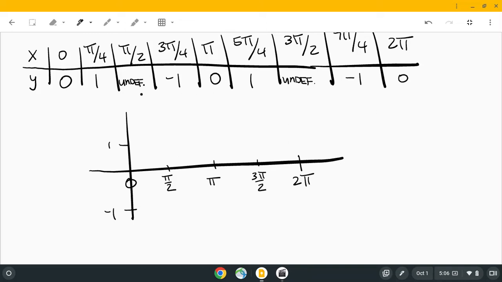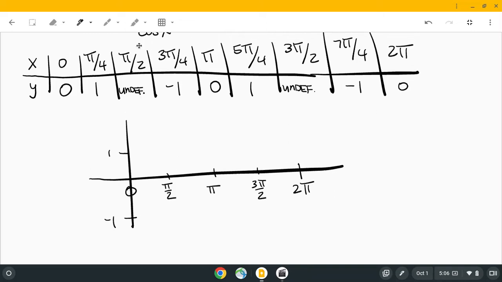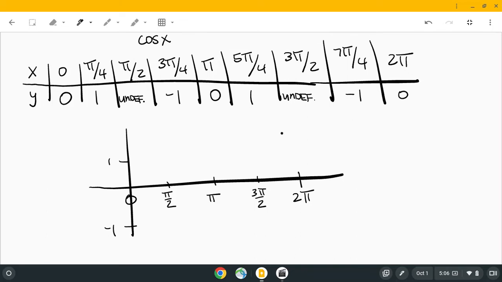Okay, so over here, very important, where we have undefined. So at pi over 2, right here, and at 3 pi over 2, right here. Very important. Where you have it undefined, you have what are called vertical asymptotes. Do you remember that from your previous math course? Vertical asymptotes.